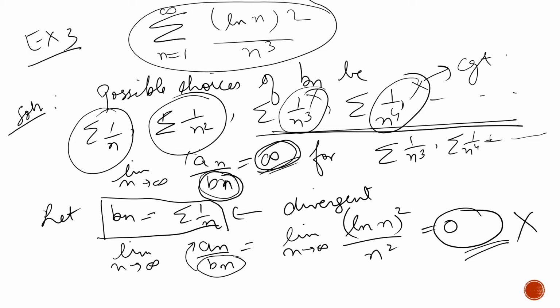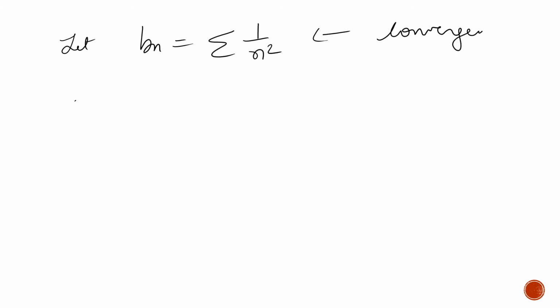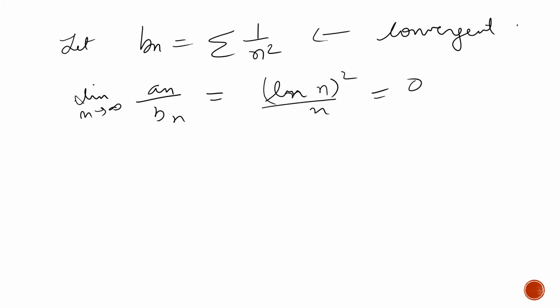Now we will see what happens if we choose our Bn as summation of 1 by n square. Bn is 1 by n square. This is obviously convergent by the convergent P series, you already know. So if I find out the limit n tending to infinity An by Bn, I am getting this as 0.